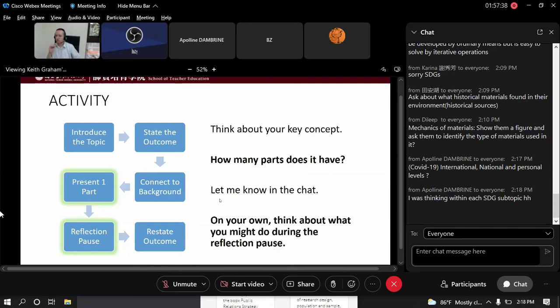Yeah, absolutely, you can do that within each subtopic. But that's probably going to end up being quite a long video if you try to do all SDGs. So you may want to think about going back to the outcome and maybe making it even smaller in that case.